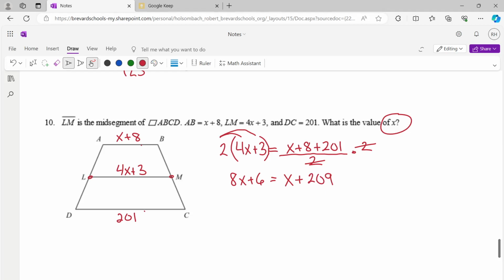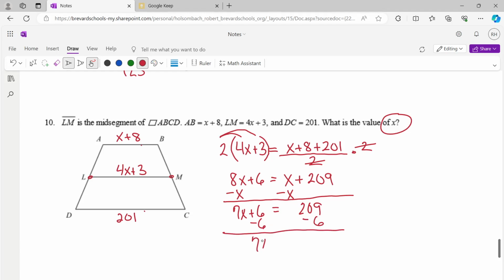So now we can solve for x. Going to subtract x from each side. 7x plus 6 is equal to 209. Subtract 6 from each side. And 7x equals 203. Divide both sides by 7. And we get an x that's equal to 29.